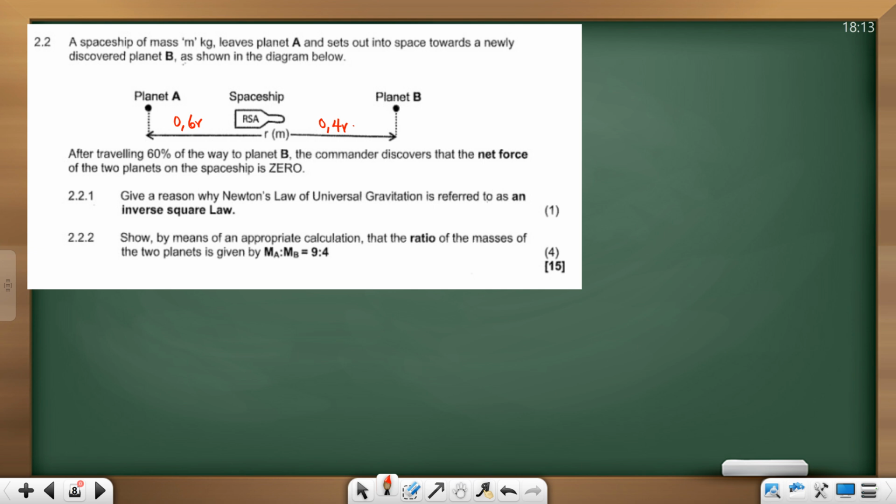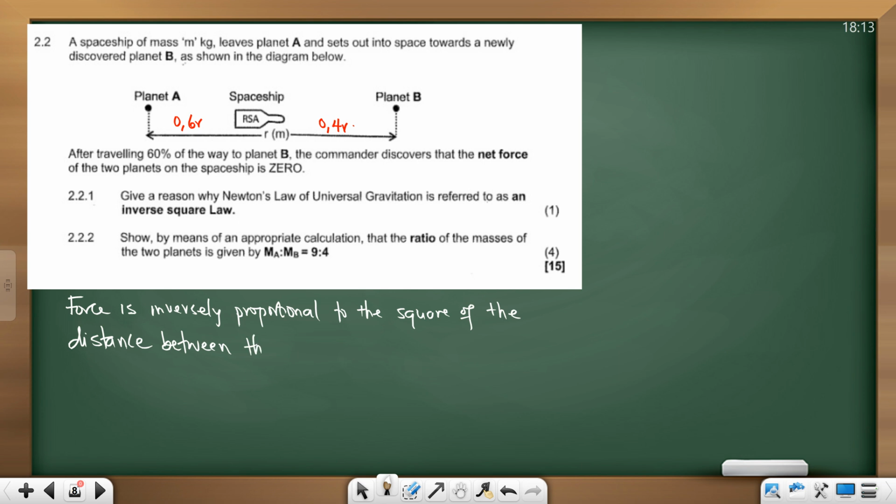Give a reason why Newton's law of gravitation is called an inverse square law. Because the force is inversely proportional to the square of the distance between the two objects, the distance between the centers of the two objects.